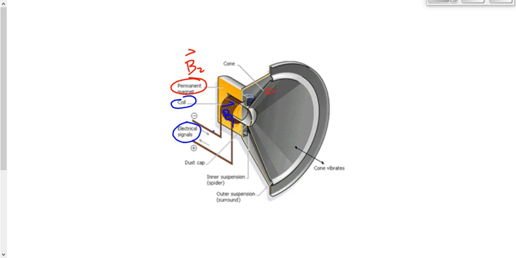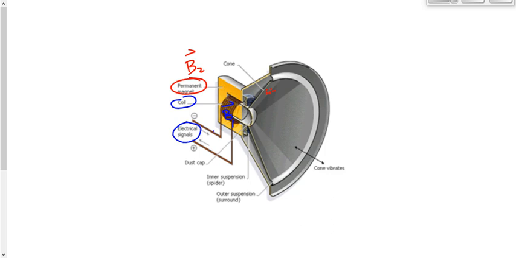Then it pulls the cone along with it. So as this permanent magnet moves back and forth, depending upon the polarity of the solenoid, the cone moves back and forth with it. Now, how does that generate sound? Well, a cone moving back and forth will generate either, it's coming towards you, it generates a high pressure in the air.